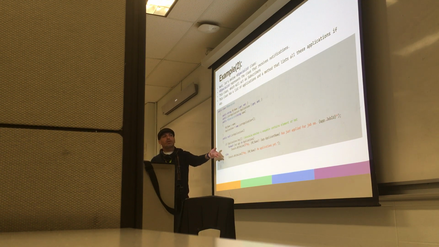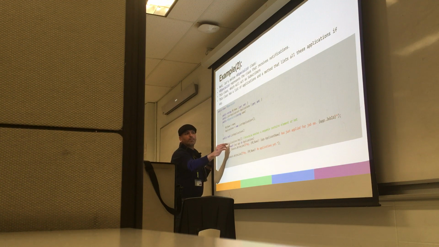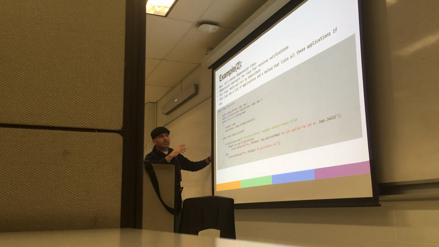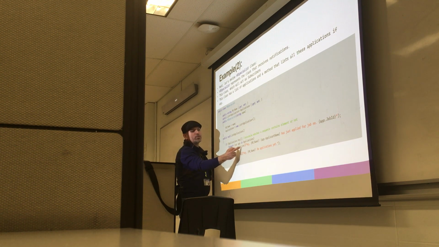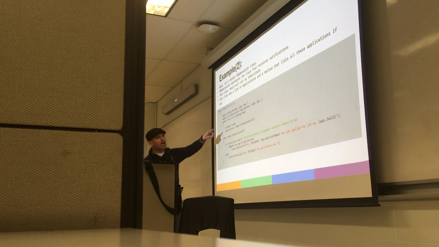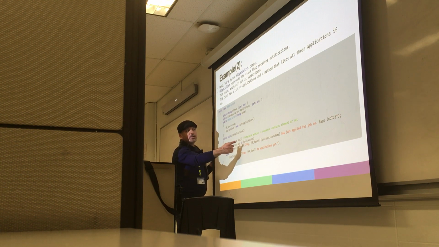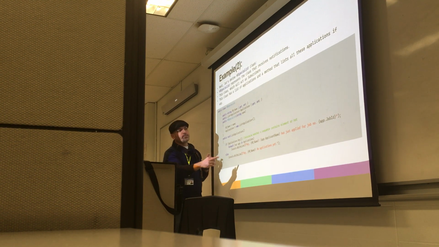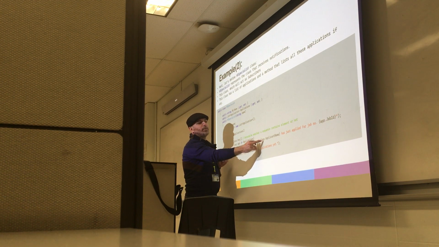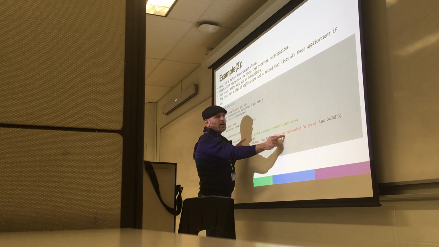This method is just to print, nothing else. If applications dot any, that means this sequence has applications, it prints with Console.WriteLine: hi HR name, and for each application, HR name, application has just applied for job.